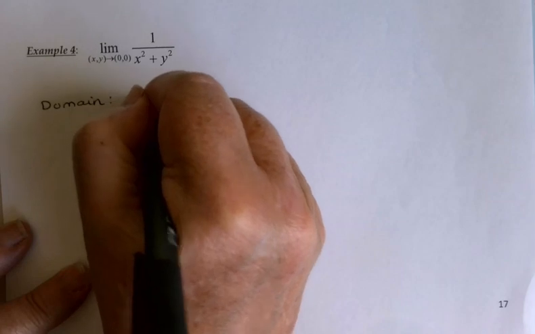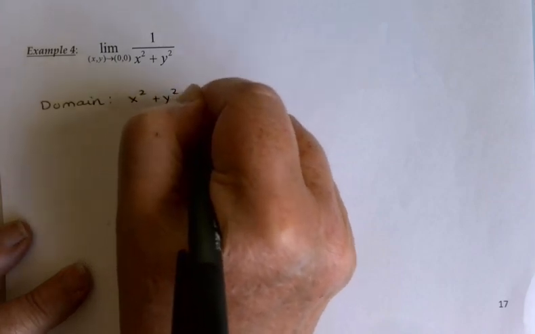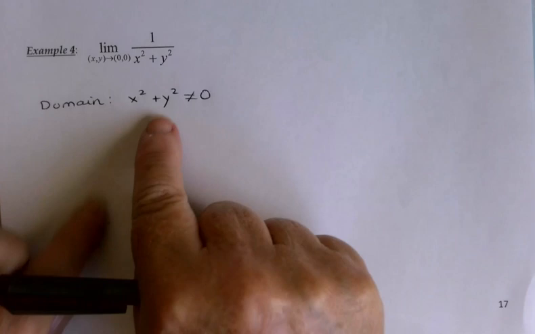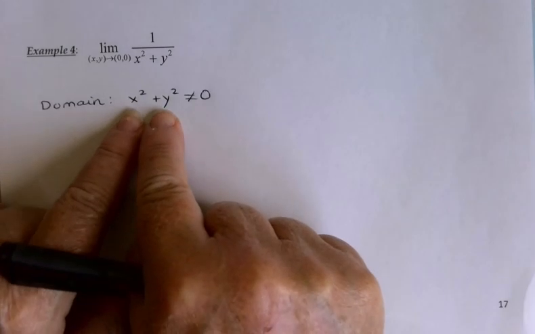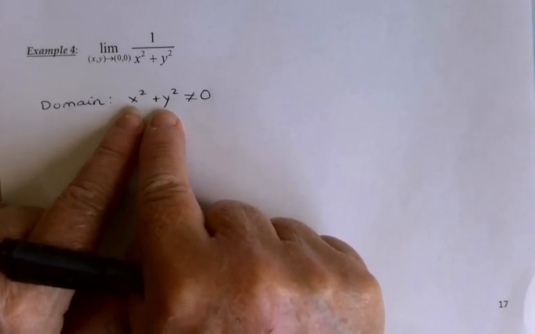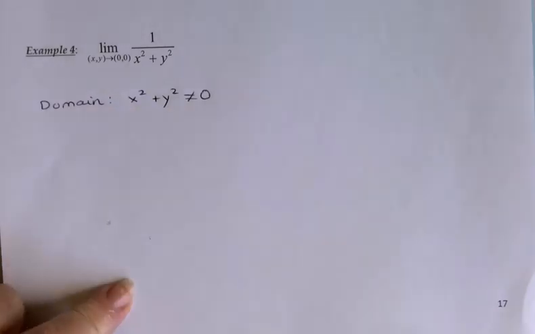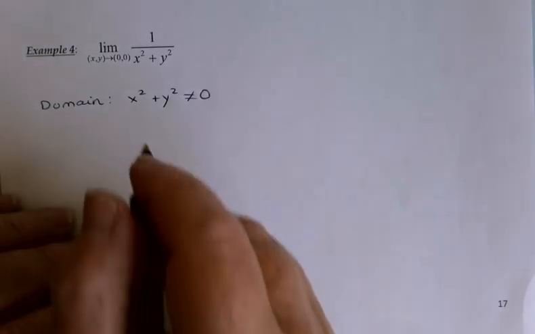I know my denominator can't be 0. But keep in mind, because these are squared, these are both positive numbers, right? The only way that x squared plus y squared could ever be 0 is if x and y are both 0.